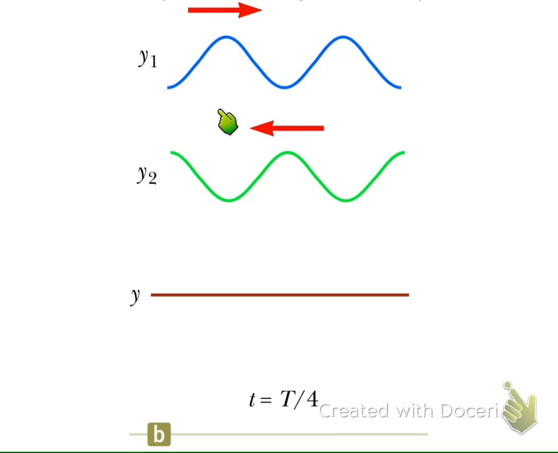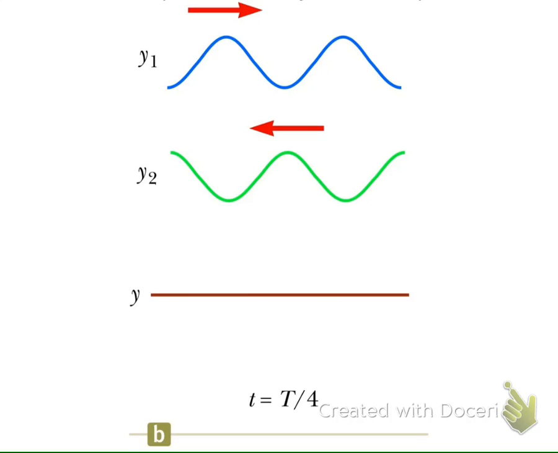Out of phase here means that when the displacement from the blue wave goes upward like this, the displacement from the green wave goes downward like this. So in this situation, the interference is perfect destructive interference, and the resulting displacement of the medium is zero everywhere at this instant.